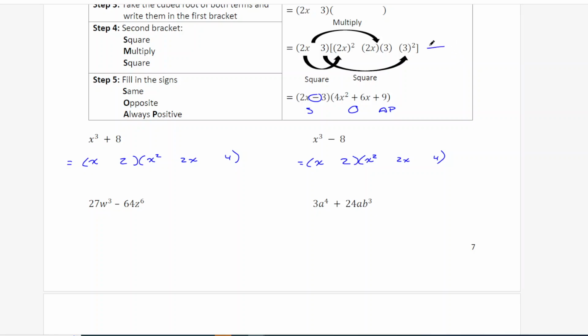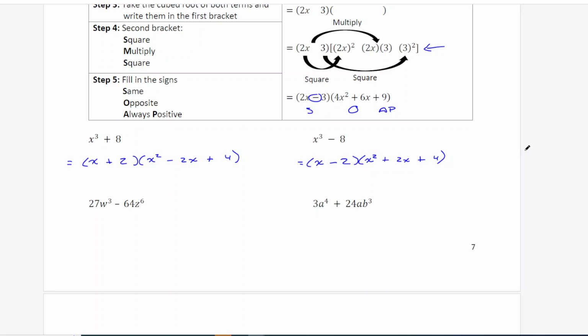Some people like this step where they show the multiplying and then they show the squaring. I like to just keep things simple, so I show as little work as possible. So I just multiply it and square it as I go. And then we do the signs. Same, opposite, always positive. Same, opposite, always positive. And that's it. That's the process.